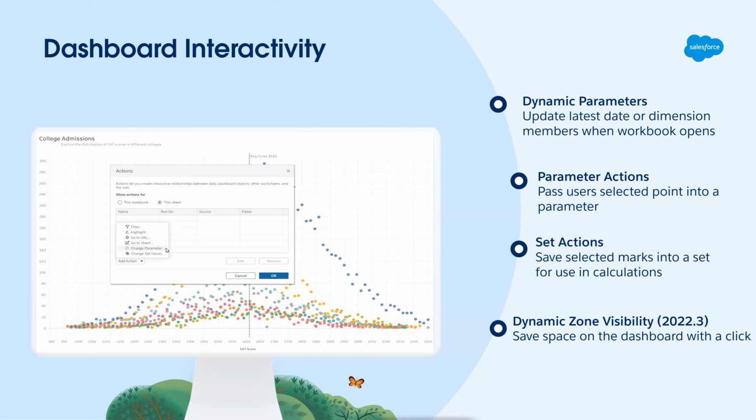Now, historically, those parameters have always been pretty static, right? When you publish a dashboard with a parameter, that default value is the value of the parameter when you publish it. But what the dynamic parameters feature does is allow you to use things like a calculation, right? I want to be able to get the max date in my data set and have that value be the default value of my parameter.